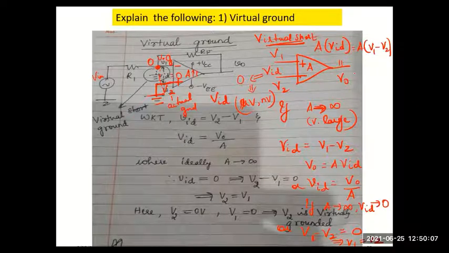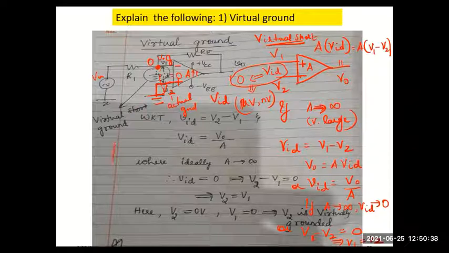So we can consider this VID as 0 because it is very, very small and we don't calculate up to the 6th or 7th decimal place. Even the 3rd decimal place we usually avoid. So even if it is in millivolts or less than that, I can consider VID as approximately 0 and I can equate the voltage at the non-inverting to the inverting terminal.